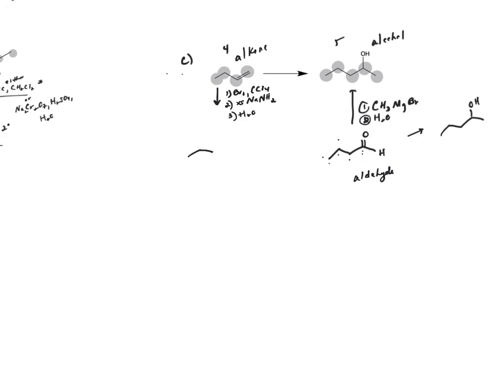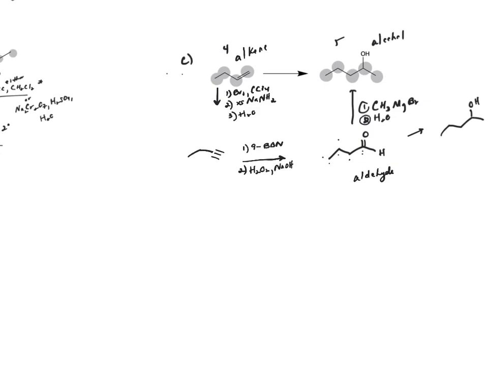That would have taken this guy and turned it into this guy. You could then hydrate that in an anti-Markovnikov fashion, and that would have tautomerized into the aldehyde. So that's the 9-BBN, the synonymous hydroboration oxidation reaction for alkynes, and then H2O2, NaOH. That would have given you that.